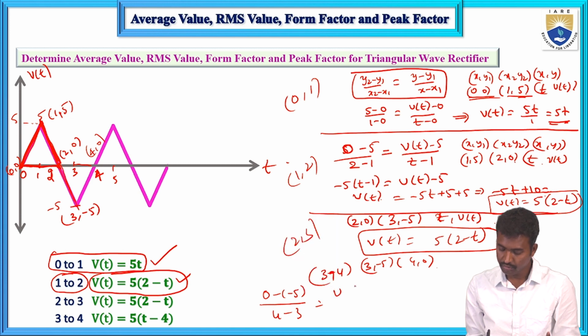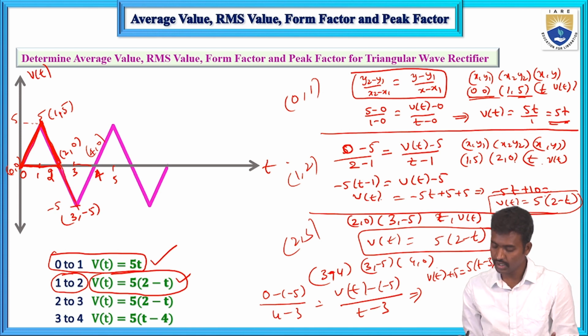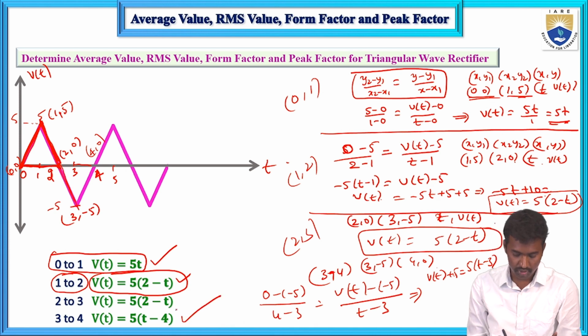Next, v of t minus 0 equals that over t minus 3. If you simplify this, v of t plus 5 is equal to 5 into (t minus 3). So the equation in between 3 to 4 is 5t minus 20.